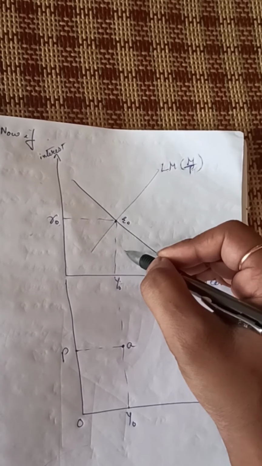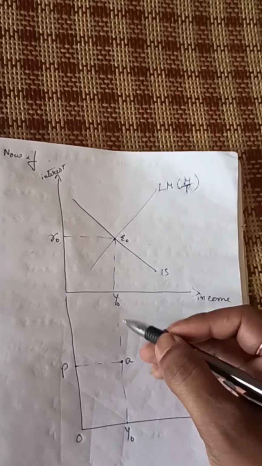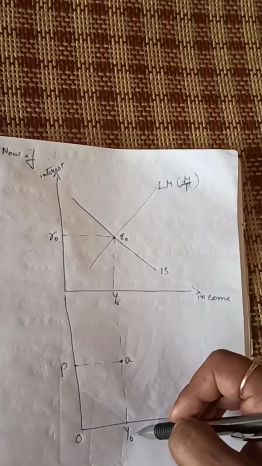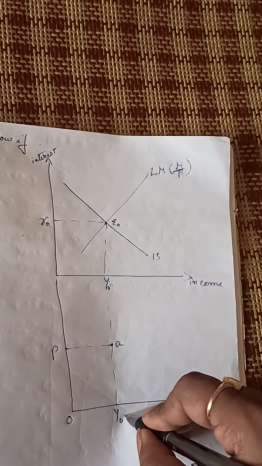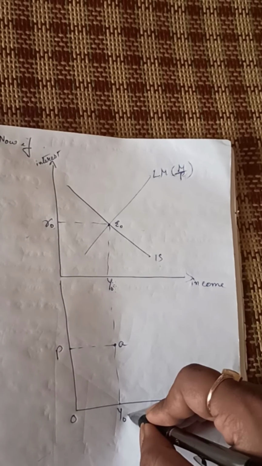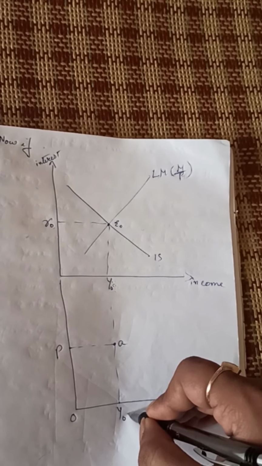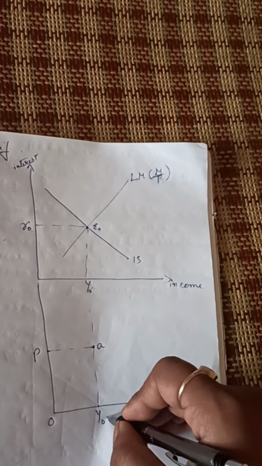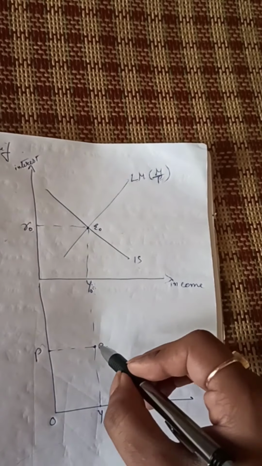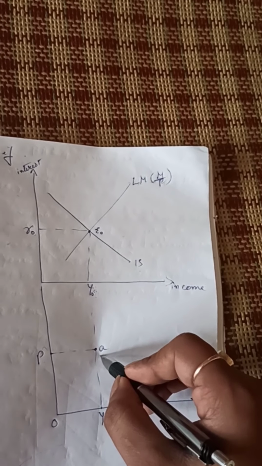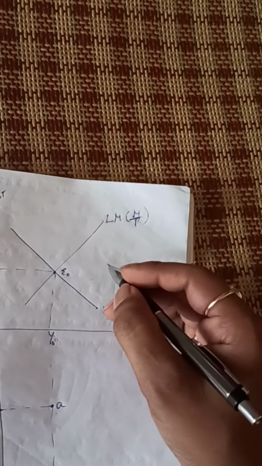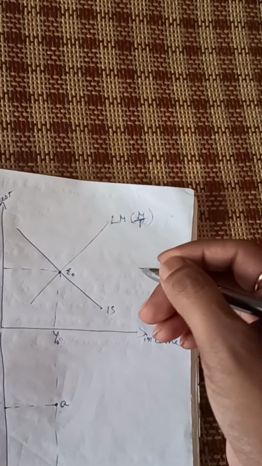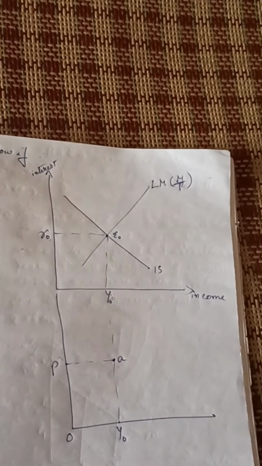Okay, so now in the next panel we can extend the Y naught from this panel to this panel. Okay, we have extended it and we have plotted the Y naught with its corresponding price level, that is P, and we have got the point A. Okay, now let us assume that the price level has declined and it has come down to say P1.